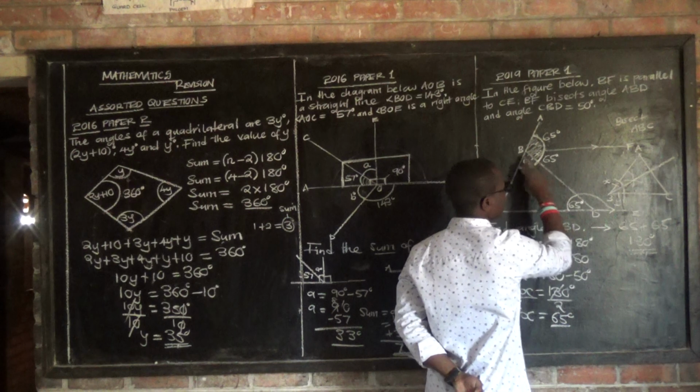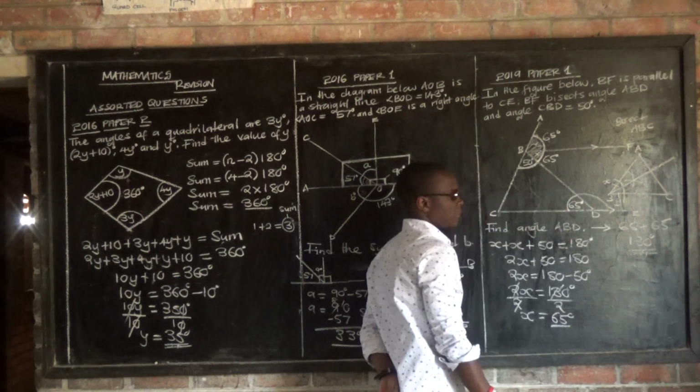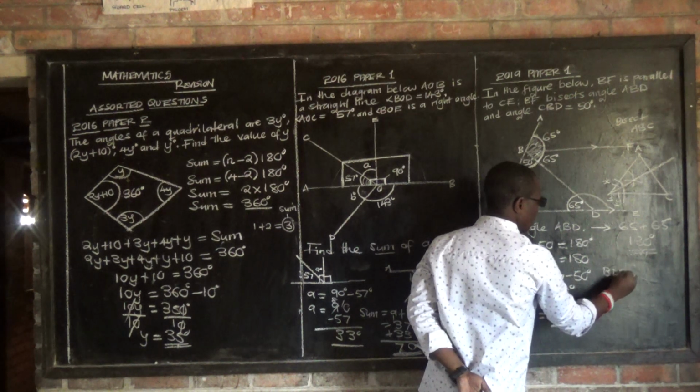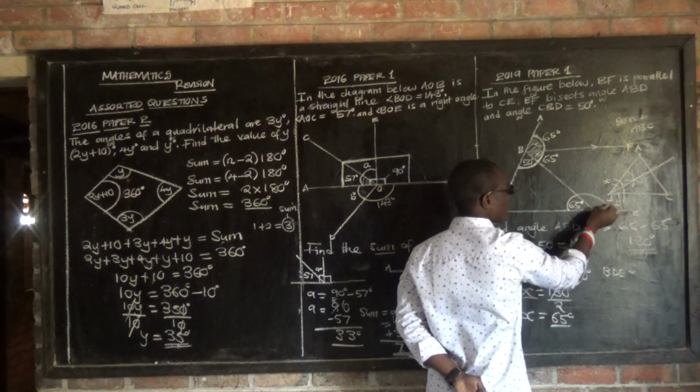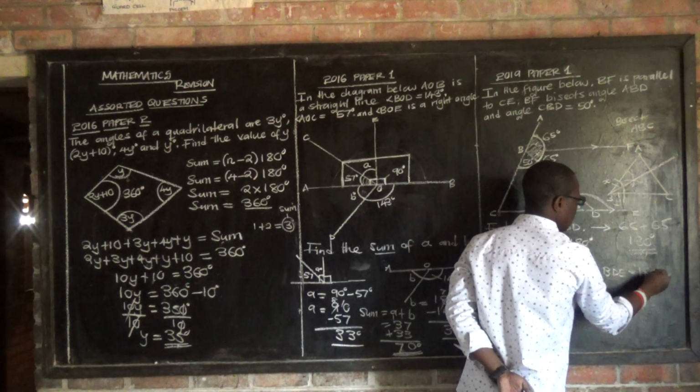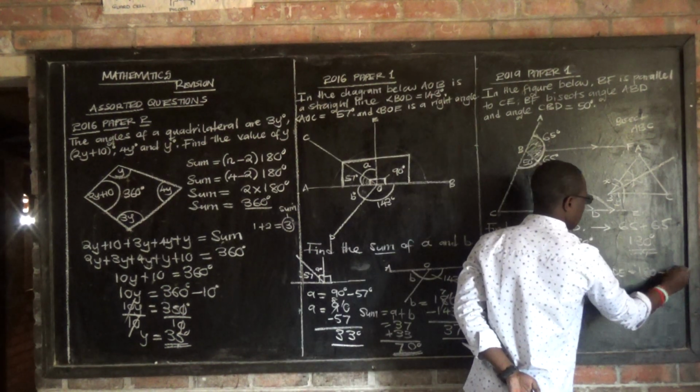What about if we were being asked to find this angle, BDE? How do you find BDE? Angles formed on a straight line. Just say 180 degrees minus 65.